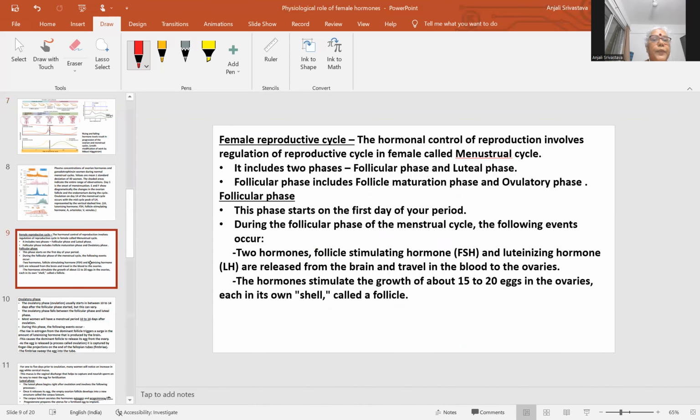So this is the overall reproductive cycle divided into different phases.